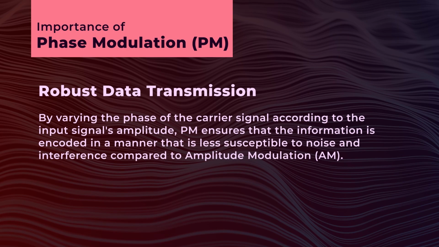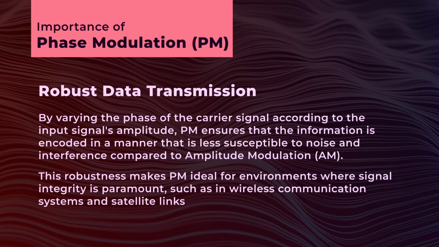In terms of robust data transmission, phase modulation provides a highly robust method for transmitting data by varying the phase of the carrier signal according to the input signal amplitude. Phase modulation ensures that the information is encoded in a manner that is less susceptible to noise and interference compared to amplitude modulation. This robustness makes phase modulation ideal for environments where signal integrity is important, such as in wireless communication systems and satellite links.